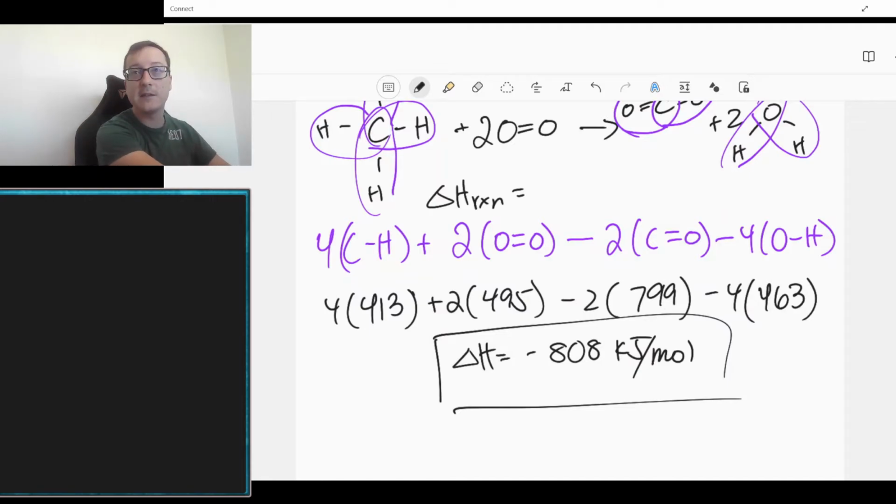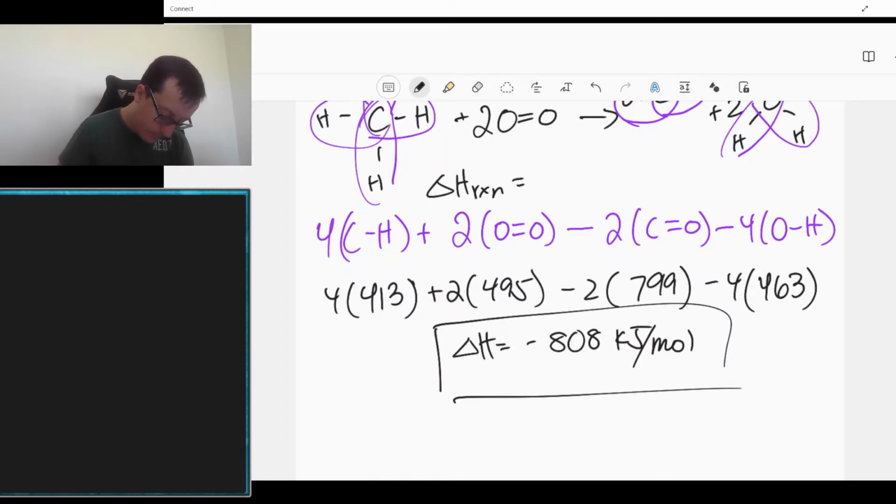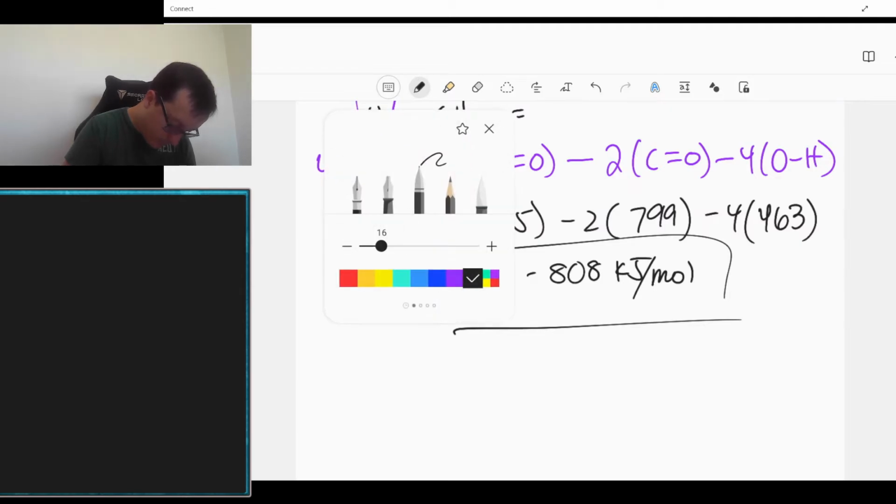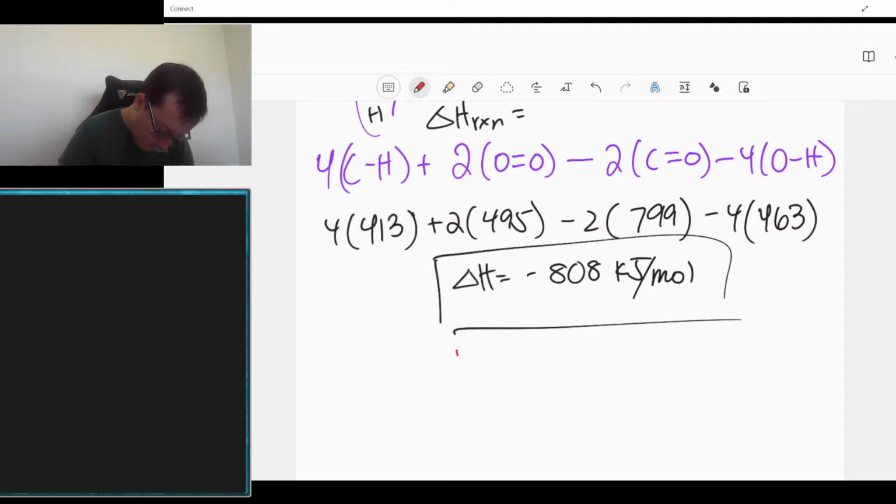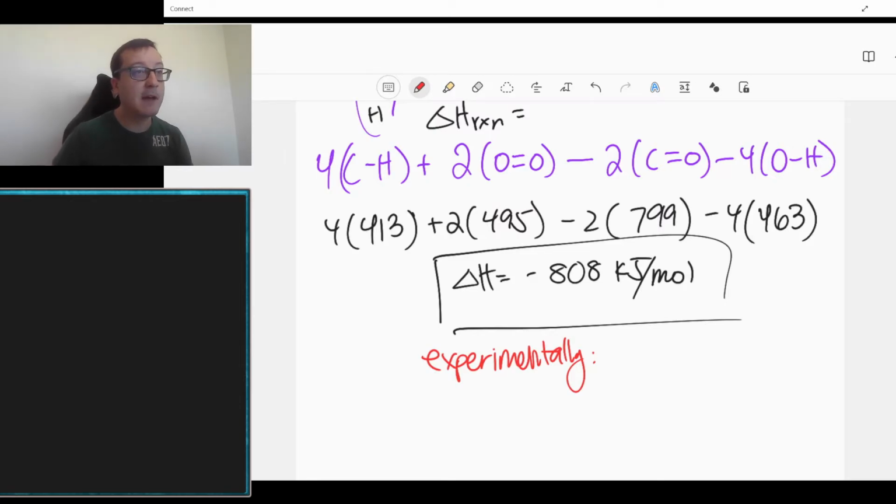And let's see how right we are. Let's Google the answer and see what happens. What is the delta H for this reaction reported? Methane combustion. In reality, or experimentally, this depends on what we have.